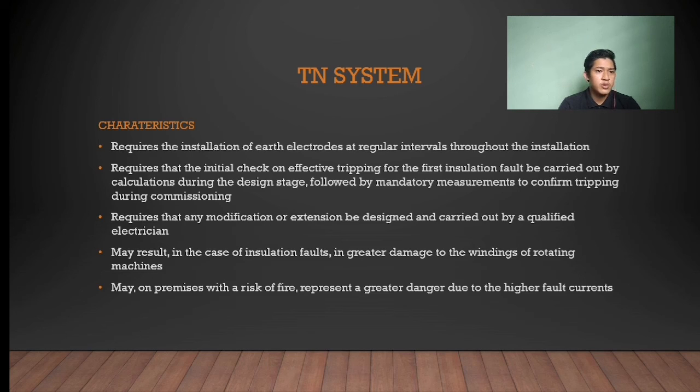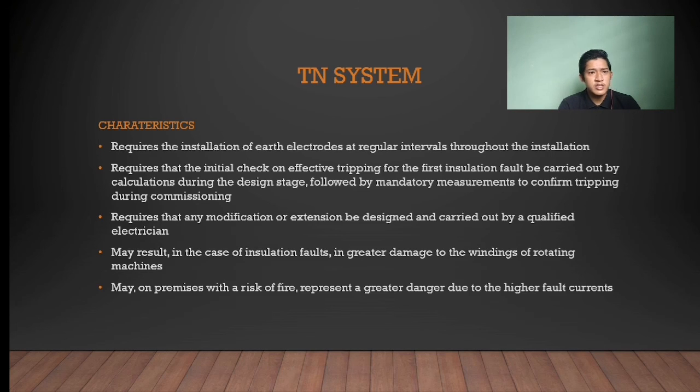It also requires that any modification or extension be designed and carried out by a qualified electrician, but in the case of an insulation fault it may result in greater damage to the windings of rotating machines. On premises with a risk of fire, it may represent a greater danger due to the high fault current.